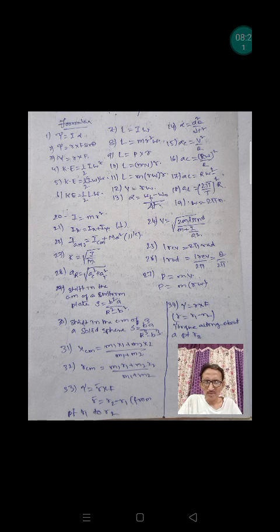Now the 28th formula, radial acceleration. A particle moving in a circular path has two accelerations, one along the tangent and one along the centripetal direction. AC is towards the center and AT is along the linear velocity.